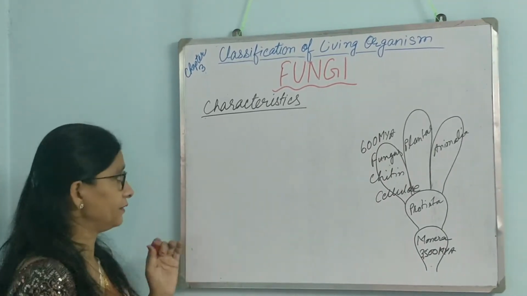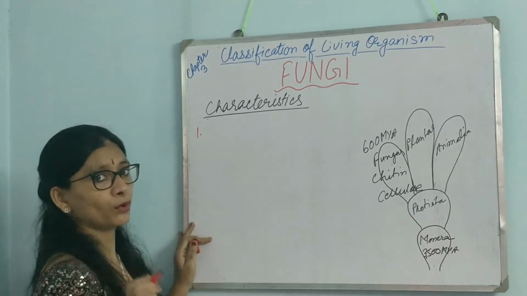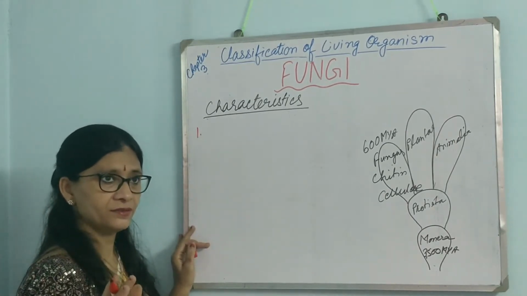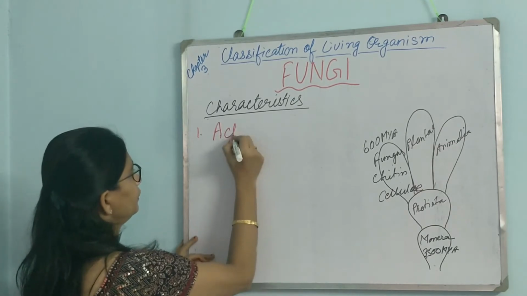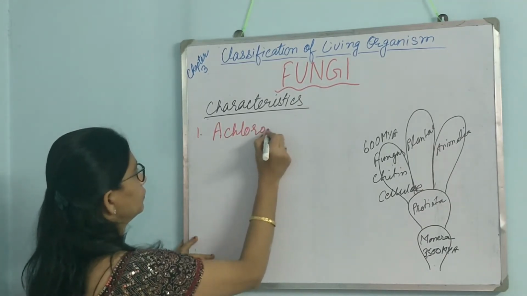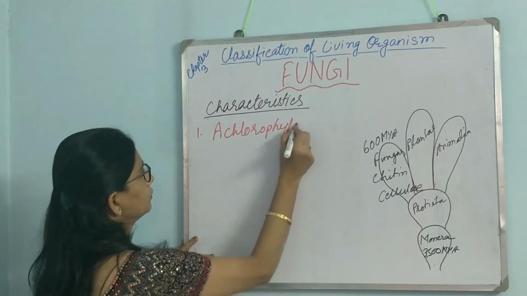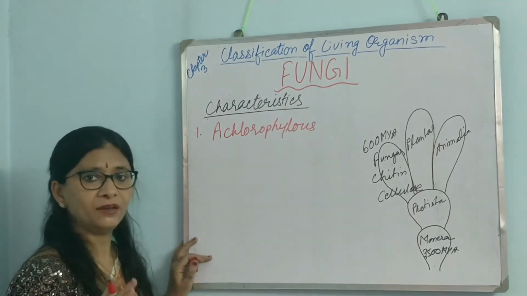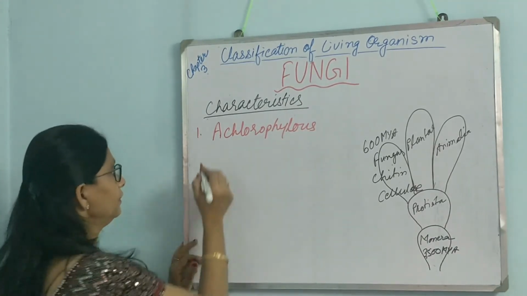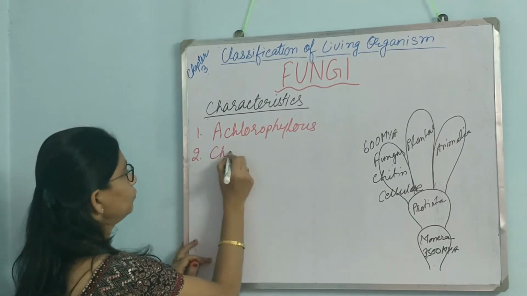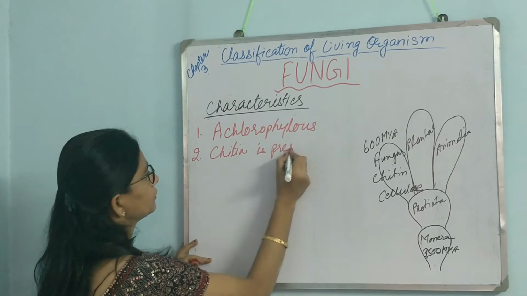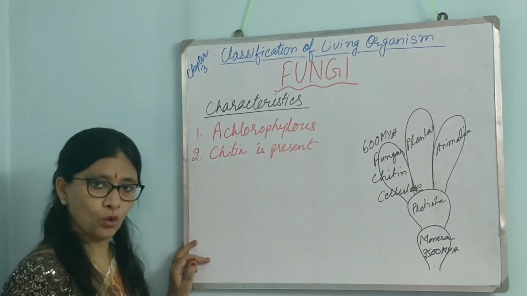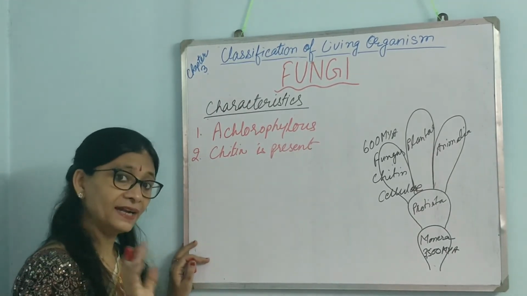Most important characteristics. What is the most important characteristic? It is achlorophyllous, means there is no chlorophyll in fungus. Secondly, chitin is present in the cell wall. Fungus have chitin cell wall.